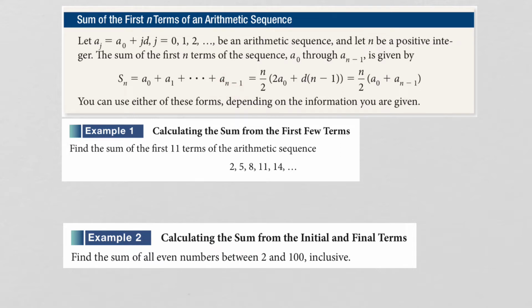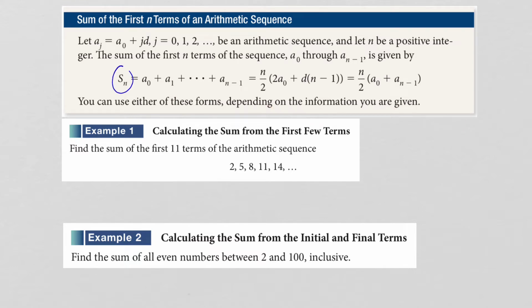And it turns out that the formula for doing this is n divided by 2 multiplied by 2 times the first term plus the common difference multiplied by n minus 1. And you can also express this by using this formula, which is n divided by 2 multiplied by the first term of the sequence plus the last term of the sequence. So you can use either of these forms for the sum. It just depends on the information you are given.